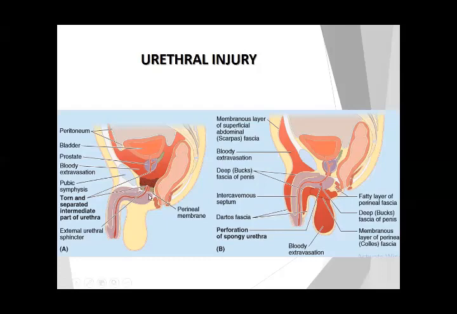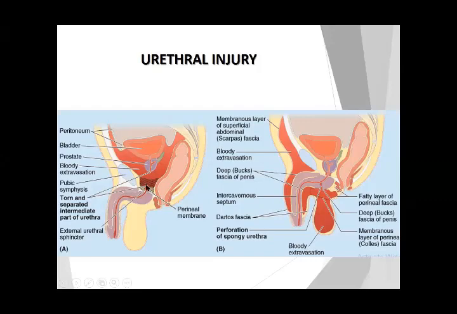In contrast, this is the urogenital diaphragm here. And the urethra that passes through the urogenital diaphragm is called the intermediate or the membranous part of the urethra.